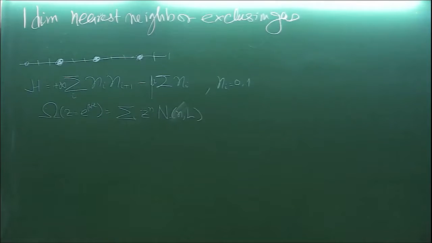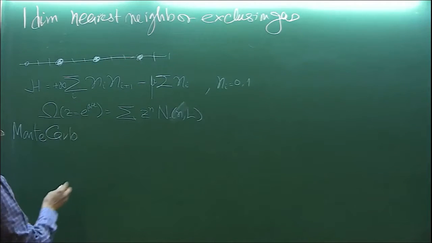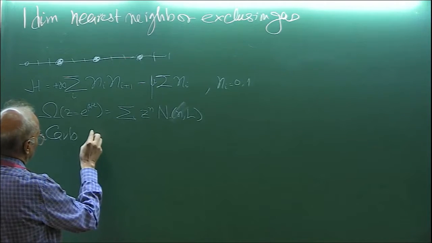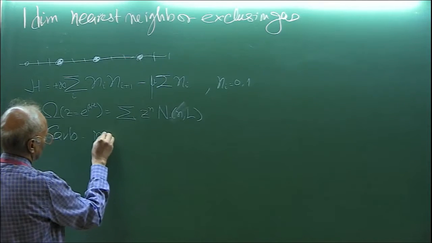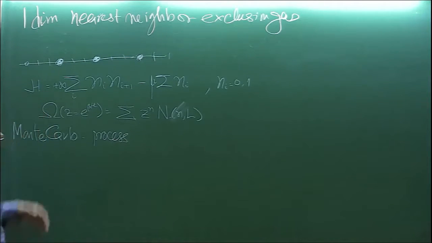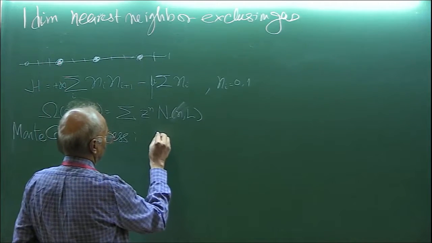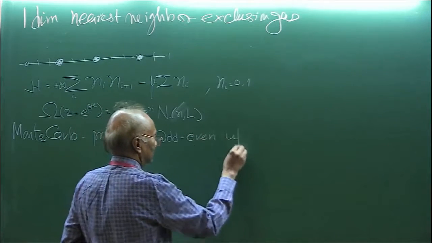But suppose I want to do a Monte Carlo process for this model. So there is a Monte Carlo process we will define, which is some time-dependent evolution of this system, and it's an odd-even update.